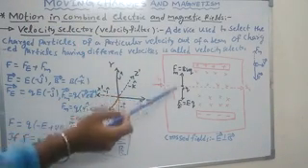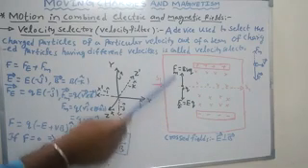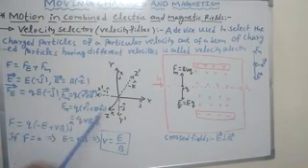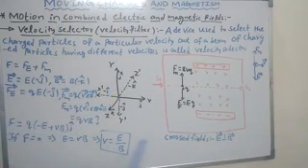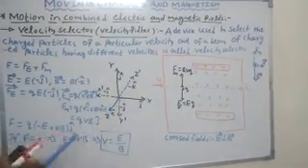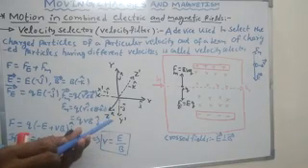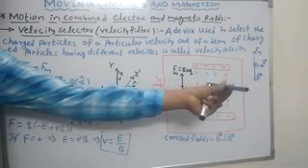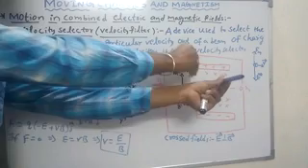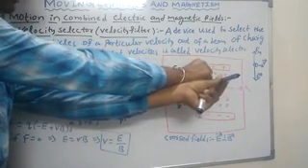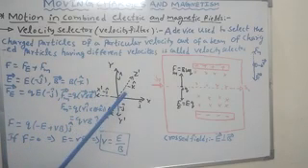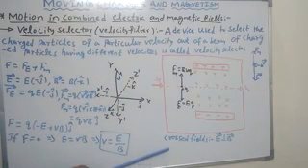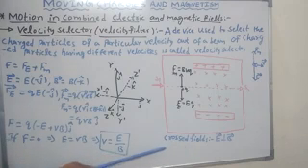This means the electric field and magnetic field are both perpendicular to each other. One is along the negative y-axis, another is along the negative z-axis. This is the magnetic field and this is the electric field. If the electric and magnetic fields are perpendicular to each other, that is termed crossed fields.